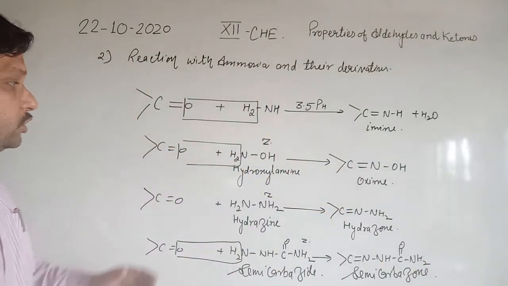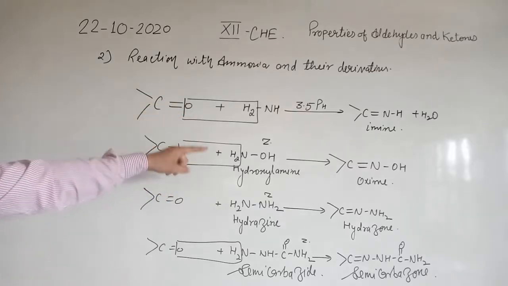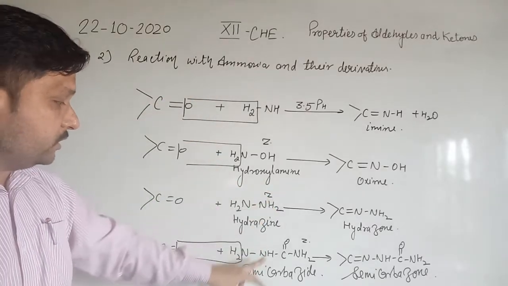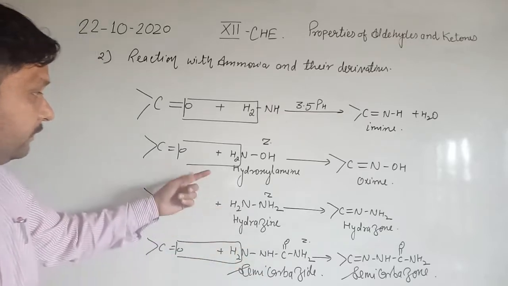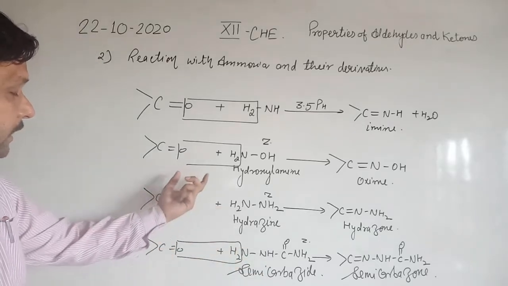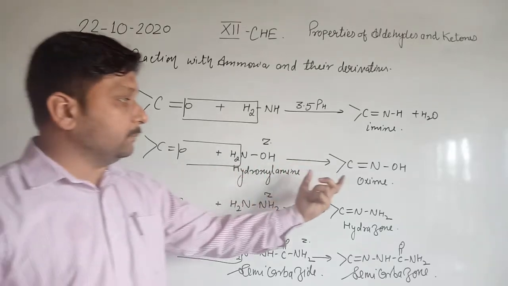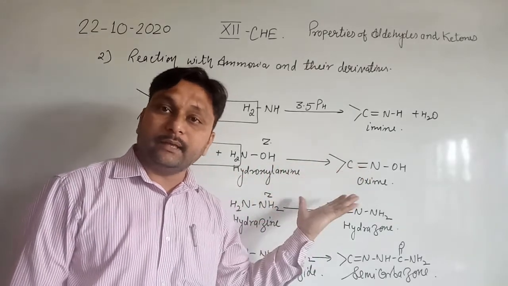Clear? So each derivative of ammonia, like hydroxylamine, hydrazine, semicarbazide, when reacting with aldehydes or ketones, eliminates a water molecule and they fuse together by C double bond N. Clear?